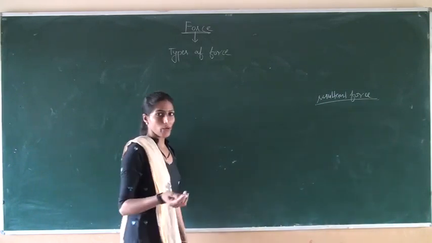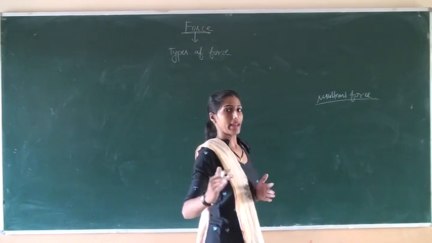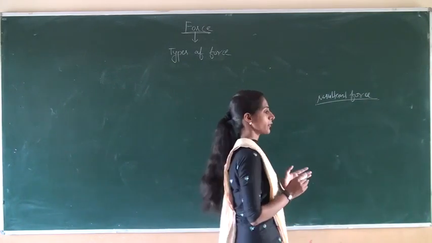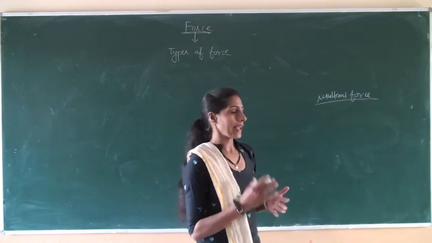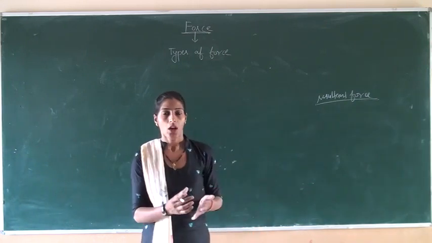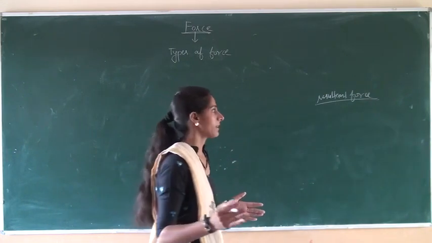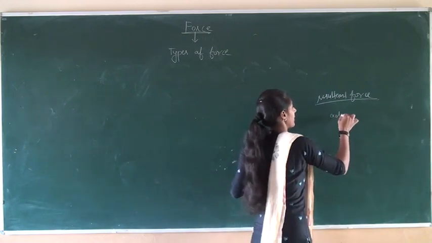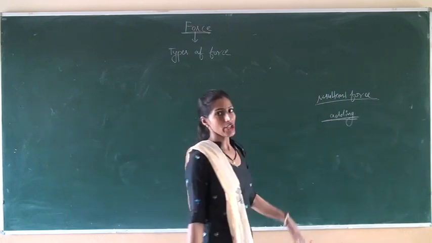If a number of forces act on an object in the same direction, for example if 2 persons, 3 persons or more pull a cart or a book or a table in the same direction, then the resultant force can be calculated by adding these forces.